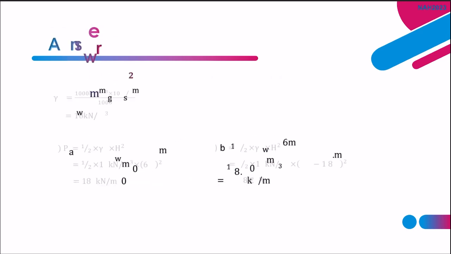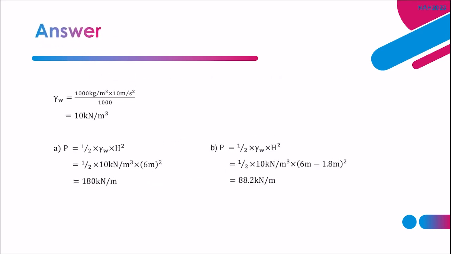So how we going to answer this one? Okay, as we know, there are two formulas for pressure untuk water. So pressure equal to half times the density of water times gravity acceleration times the height of the water, power of 2.